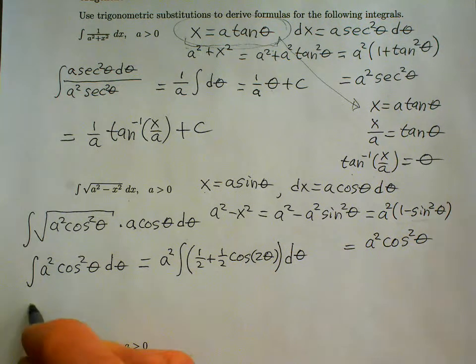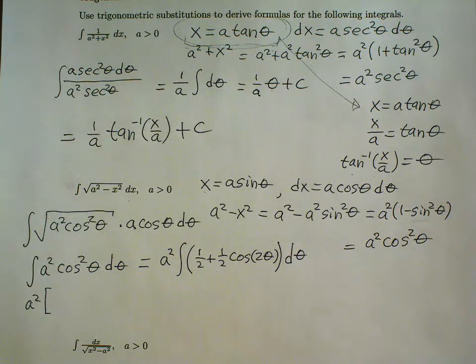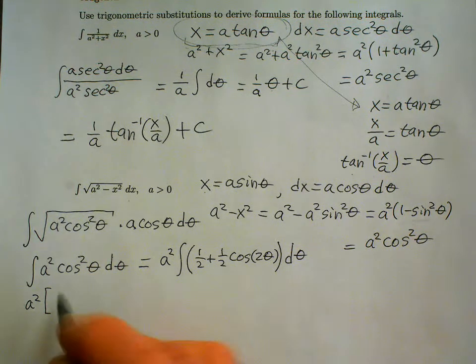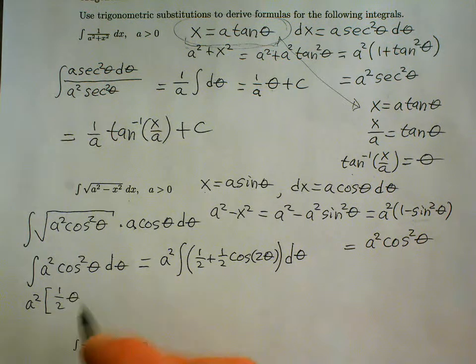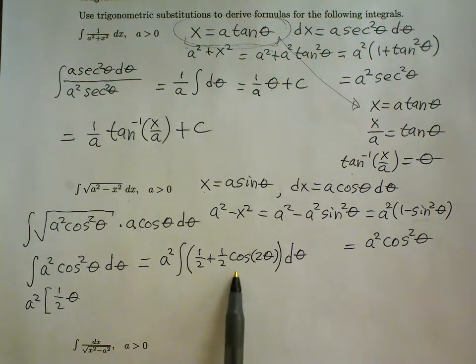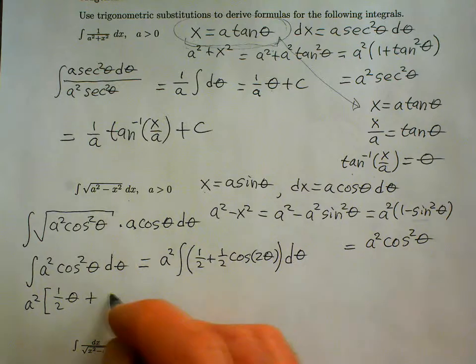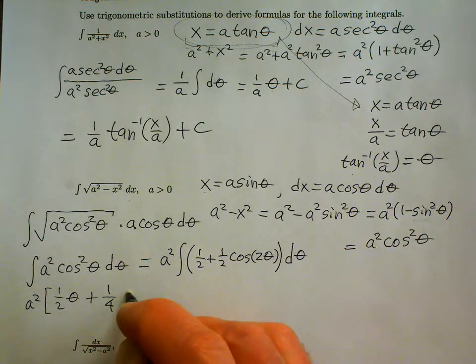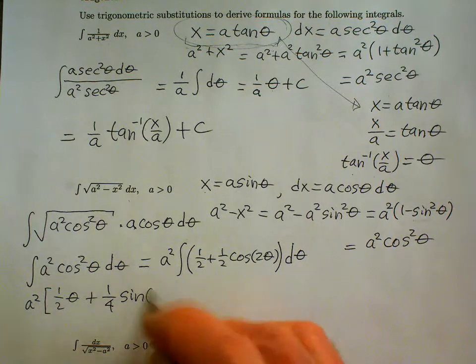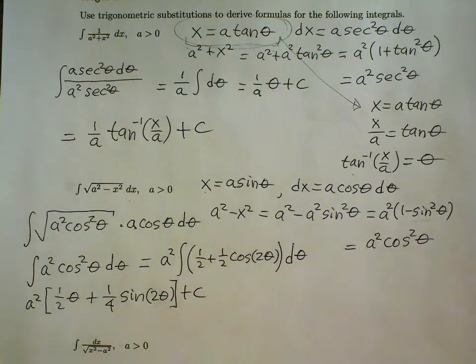And then compute the antiderivatives. Antiderivative of 1/2 is 1/2 theta. And then an antiderivative of 1/2 times cosine of 2 theta is 1/2 times 1/2, or 1/4 times sine of 2 theta plus a constant.